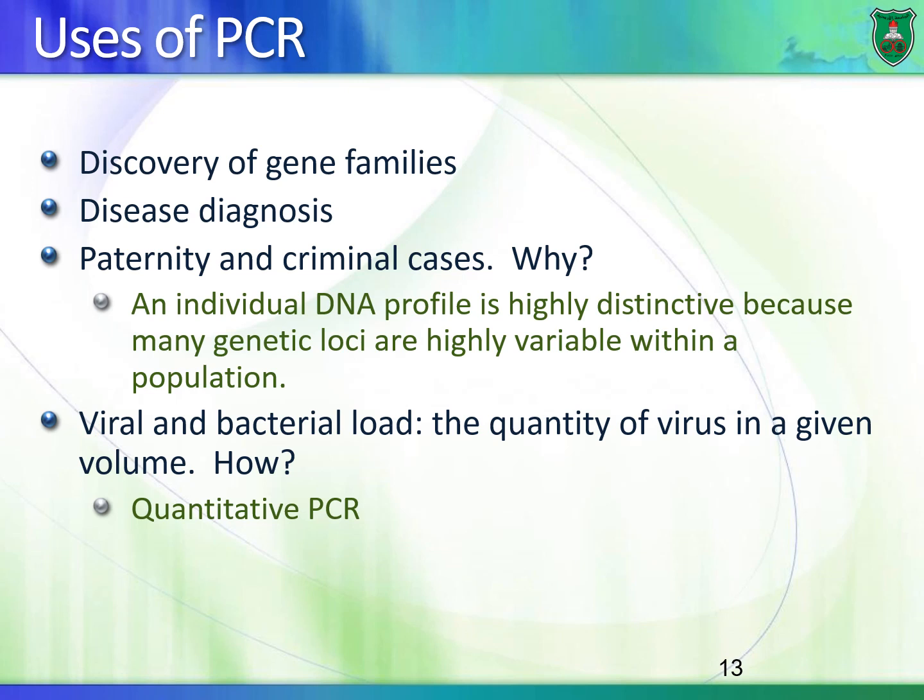We can use it as well for paternity and criminal cases. So instead of using RFLP, which takes a long time and requires the use of radioactive probes, we can just do PCR to amplify certain regions in the DNA, regions that could distinguish individuals from each other.